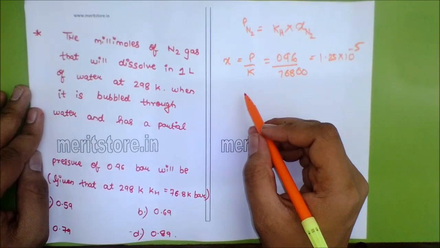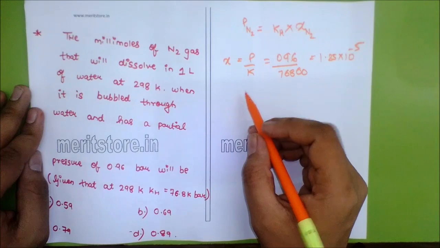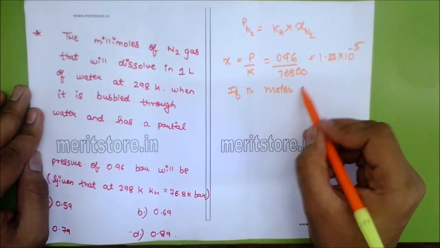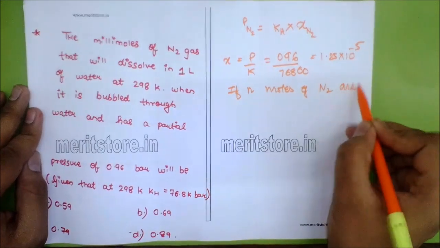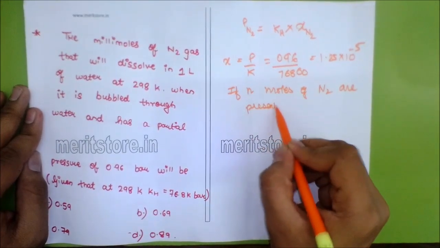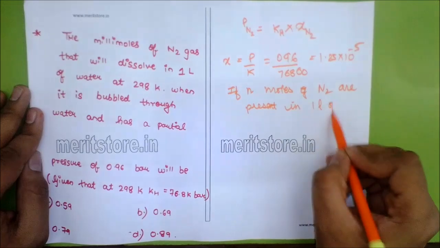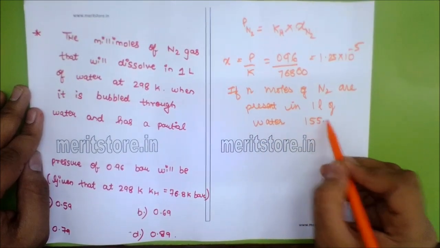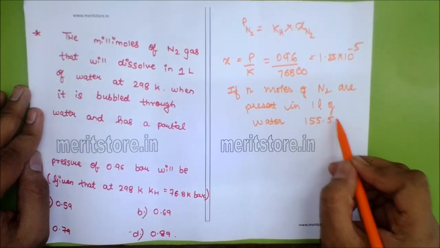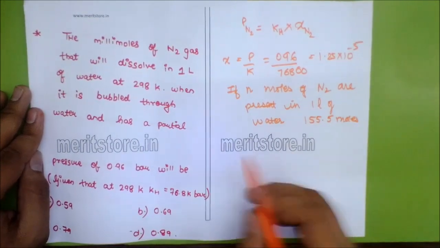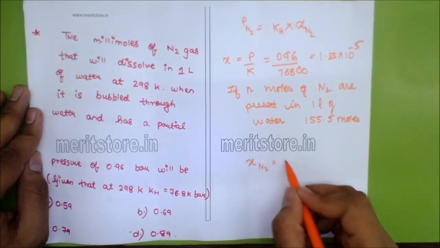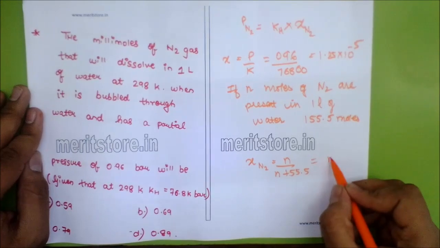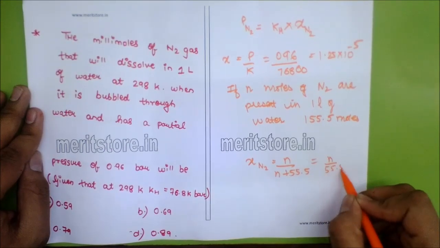If n moles of N2 are present in 1 liter of water, 1 liter of water has 55.5 moles. So X of N2 is equal to n upon n plus 55.5, which is approximately n upon 55.5.